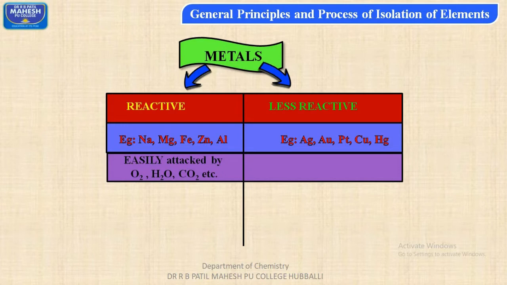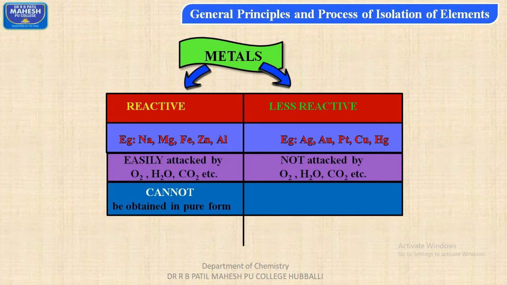They can react with water to form hydroxides of the metals, or else they can even react with carbon dioxide to form carbonates of the respective metals. Whereas all this is not observed in less reactive metals, that is, oxidation, hydration followed by the reaction with carbon dioxide is not observed for less reactive metals.